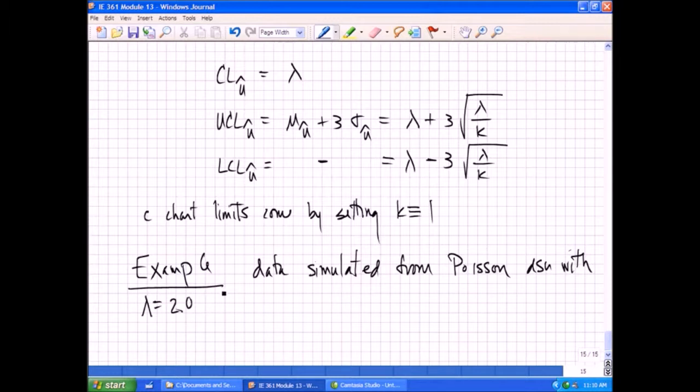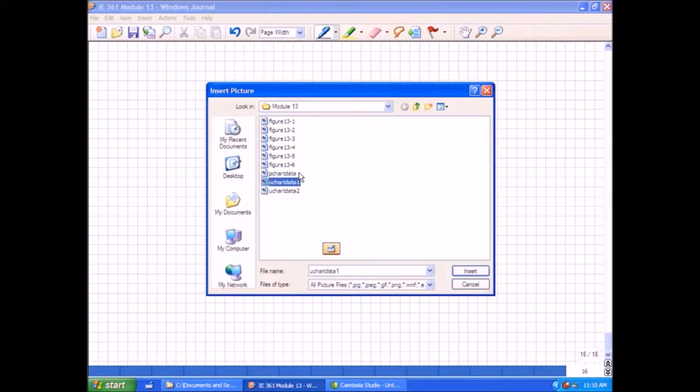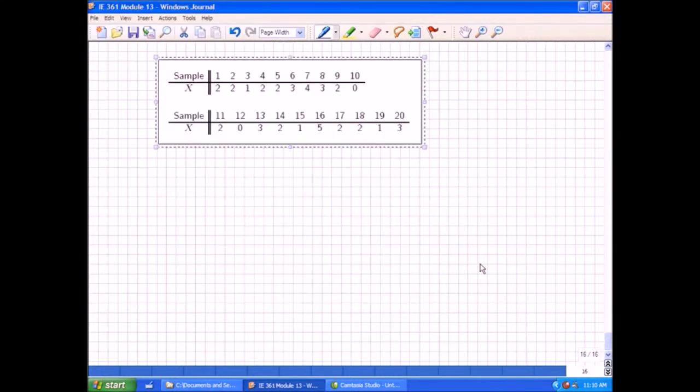Okay, so I'm secretly thinking here of, say, k to begin with always equal to 1, so we're going to have the C chart case here, and here's some U chart data.